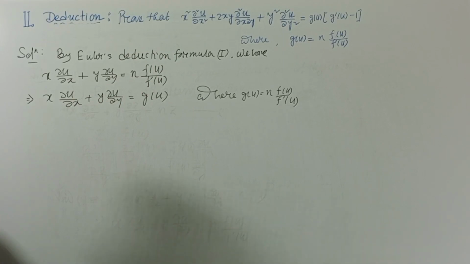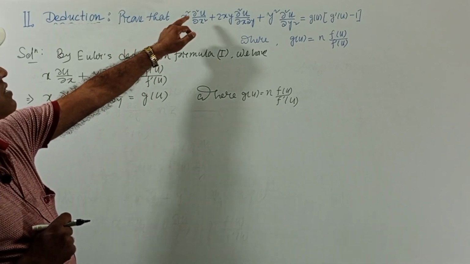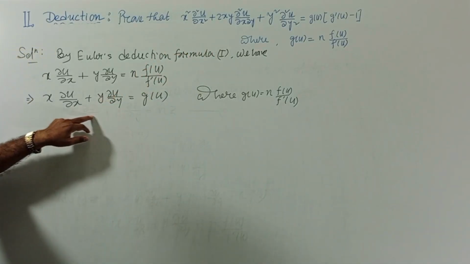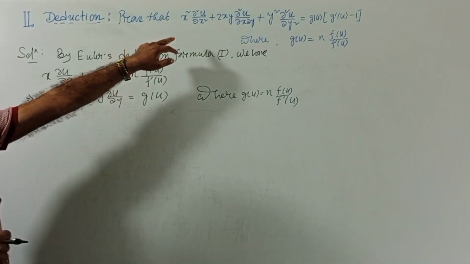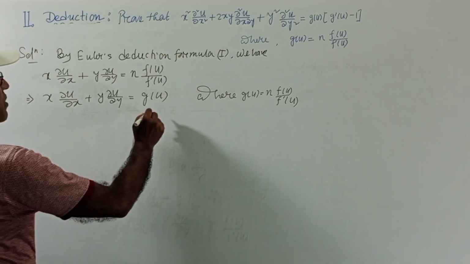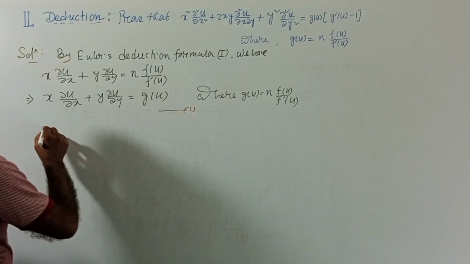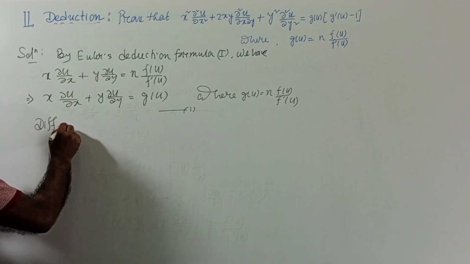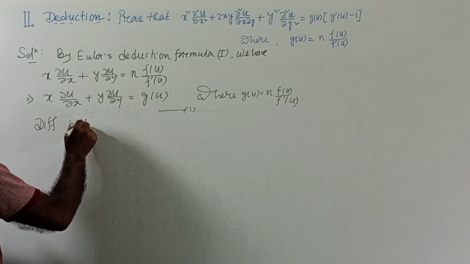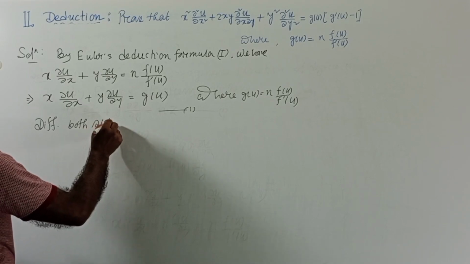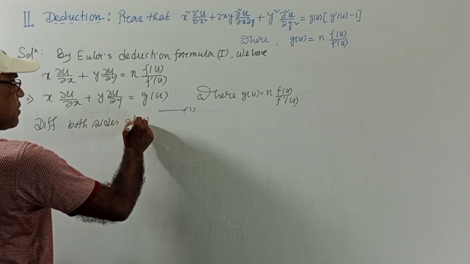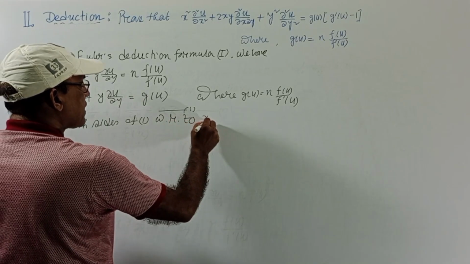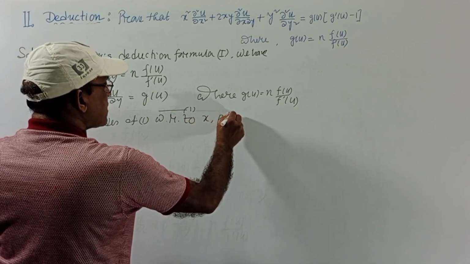So in our proof we have del square u del x square. Then we differentiate with respect to x. This is number 1. We consider differentiating both sides of 1 with respect to x partially.